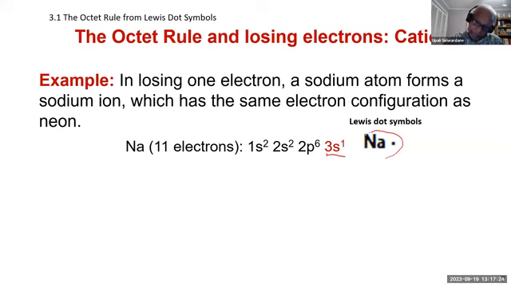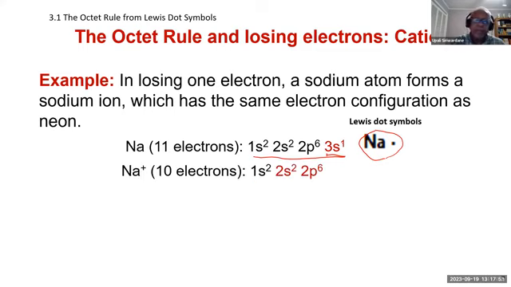Lewis came up with the Lewis dot symbol even before we knew about electronic configuration. Therefore, that was a leap in knowledge before we really figured out the electronic structure.